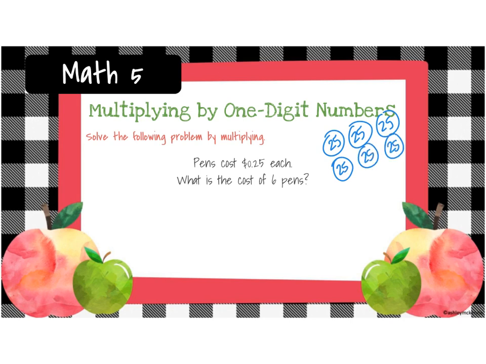Okay, this is one way. I know that 25 times 4 is $1. 25 times 2 is 50 cents. Boom, $1.50. Okay. I saw most of you with this.